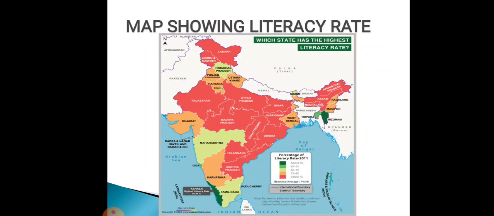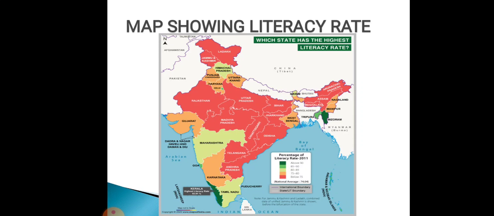So, a map can also come where you will be expected to study what is given in the map and then write the analytical paragraph. So, as you can see here, it's the map of India, and it shows the literacy rate of various states of India. And the literacy rate has been depicted by various colors. Like, for example, the dark green color shows literacy rate of 90% and above.